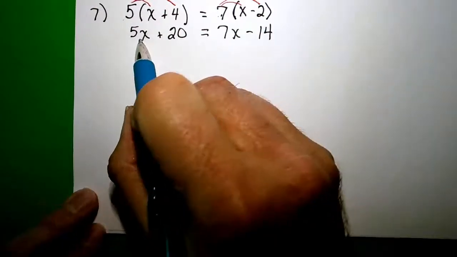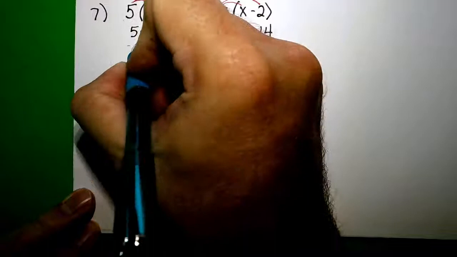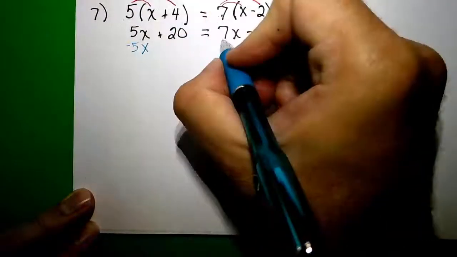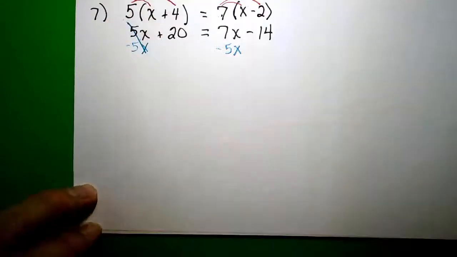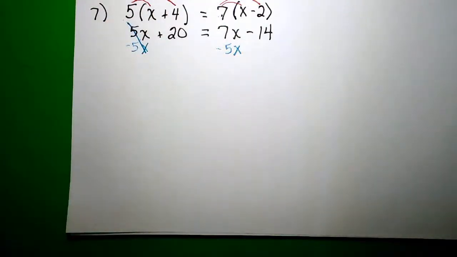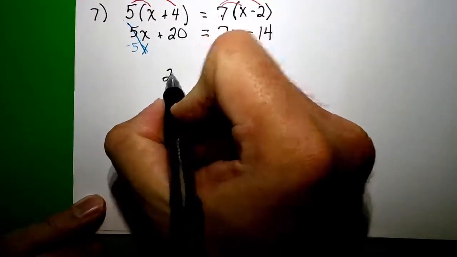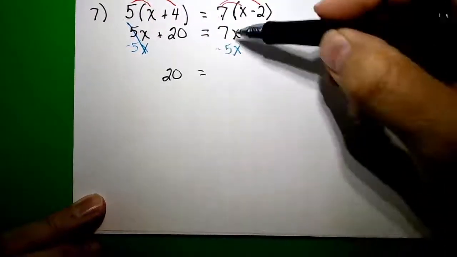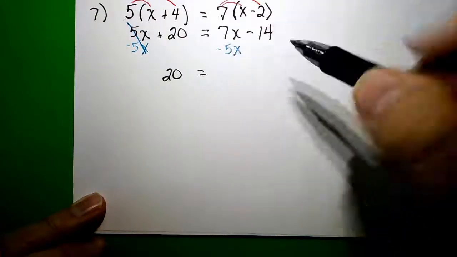Okay, if I'm going to get rid of this 5x and move it over here, I would subtract 5x. 5x minus 5x, that's gone. So we just have a 20 remaining on the left. And what do we have over here? 7x minus 5x.